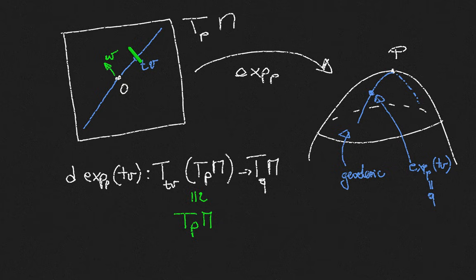And what we are saying here is that J of t is obtained as the differential of x at p at the point TV applied to TW. So in a way, Jacobi vector fields give you a control, give you a way to express the differential of the exponential map.